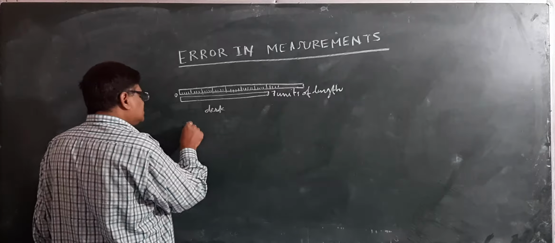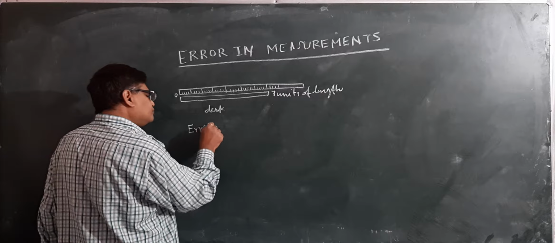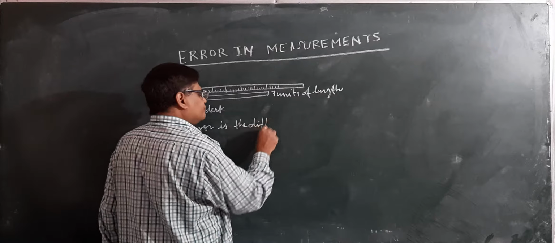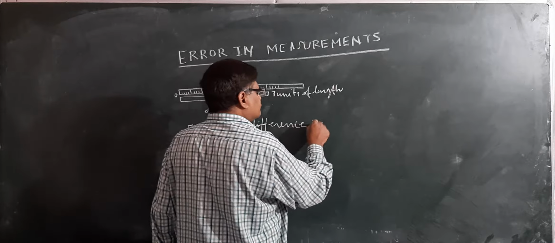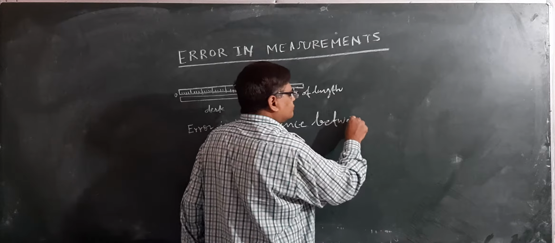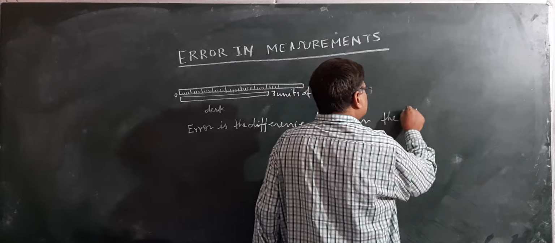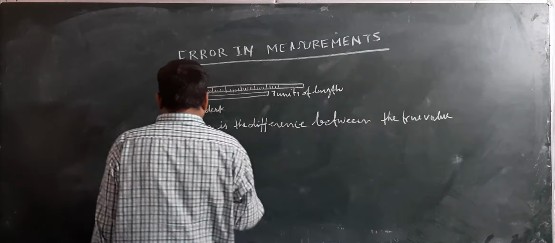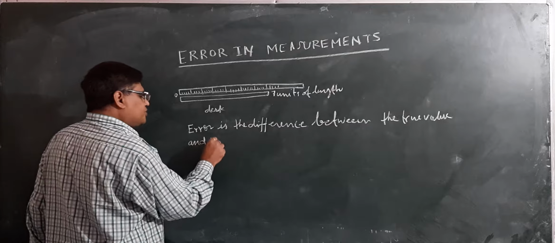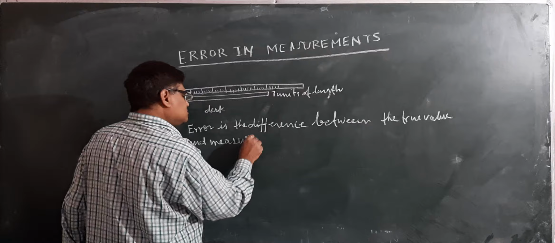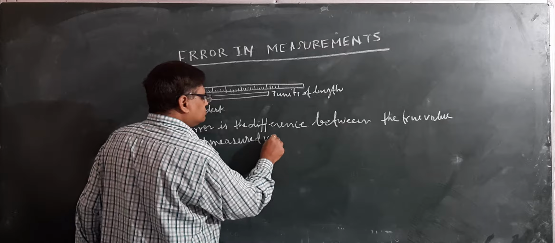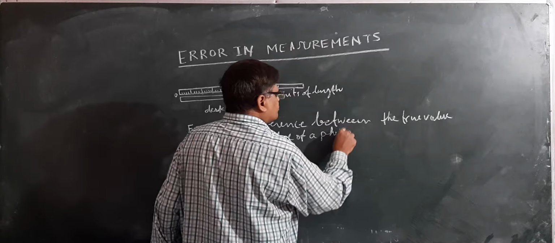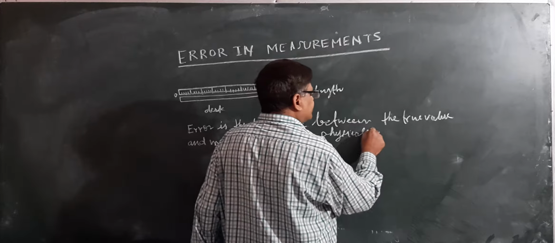So error is the difference between the true value and the measured value of a physical quantity.